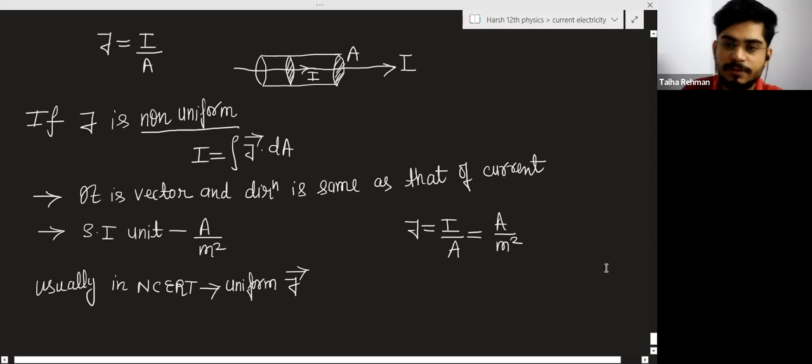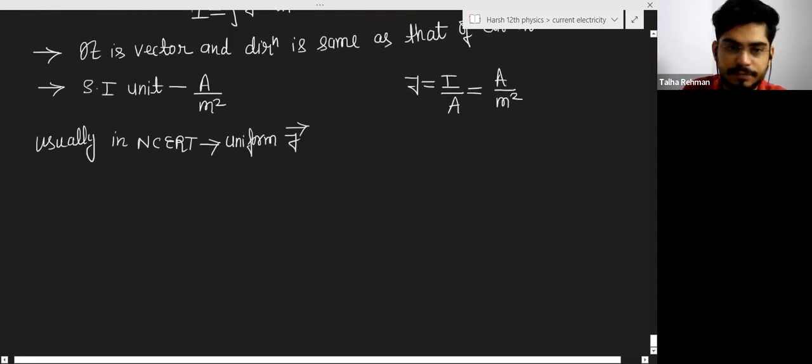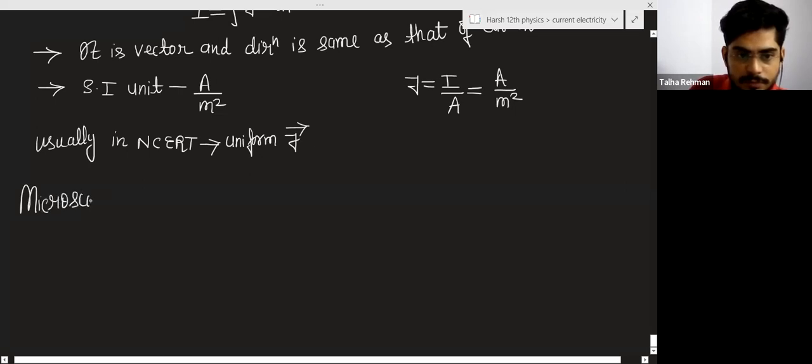There is one more thing I want to write. Microscopic form of Ohm's law.